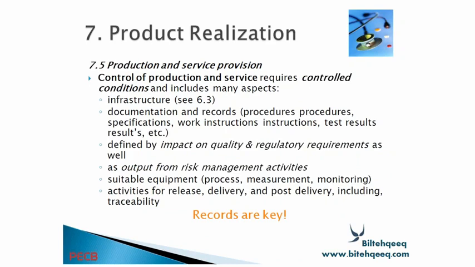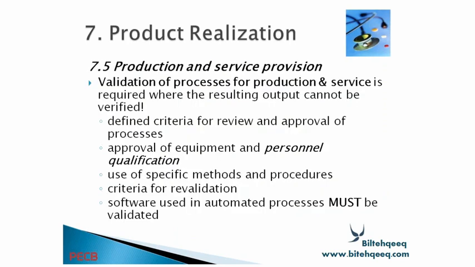These aspects are the infrastructure, documents and records, procedures, specifications, work instructions, test results defined by impact on the quality and regulatory requirements, as well as risk management activities, suitable equipment, process measurement and monitoring, and activities for release, delivery, and post-delivery, including traceability. So you have to manage all these things in a controlled environment, and you have to keep records of all these controls.